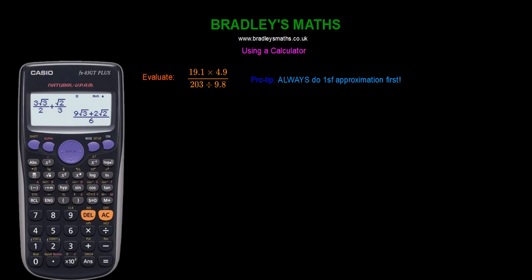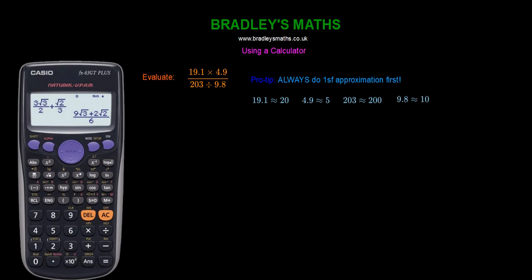Okay, so let's quickly do that. 19.1 is approximately 20. 4.9 is approximately 5. 203 is approximately 200. And 9.8 is approximately 10.